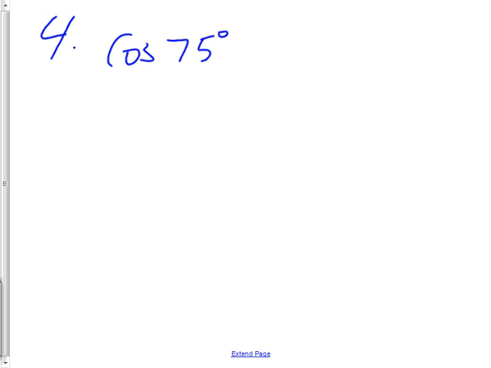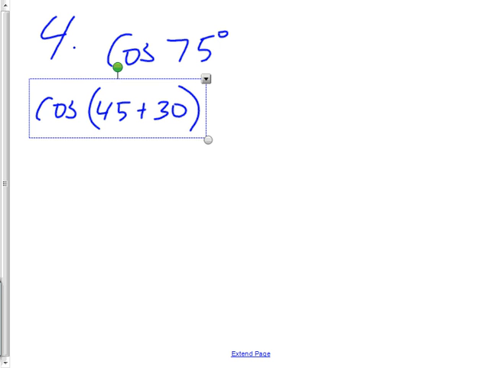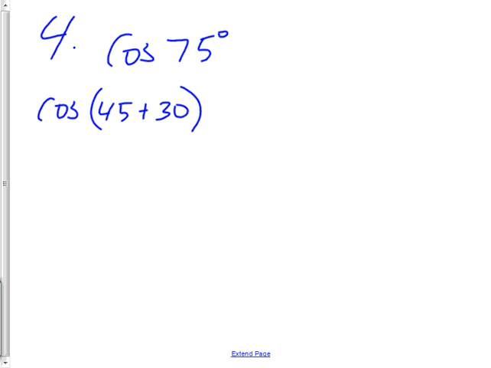Remember, we got to do stuff that we know already. Ooh, a 30 plus 45. Very good. So I'm going to change that to cosine of 45 plus 30. Does it matter which order? Nope. You could have said 30 plus 45 and it'd be just fine. And then if you had it memorized, it would go faster, but we do not expect you to memorize it. It's going to be given to you on the test.